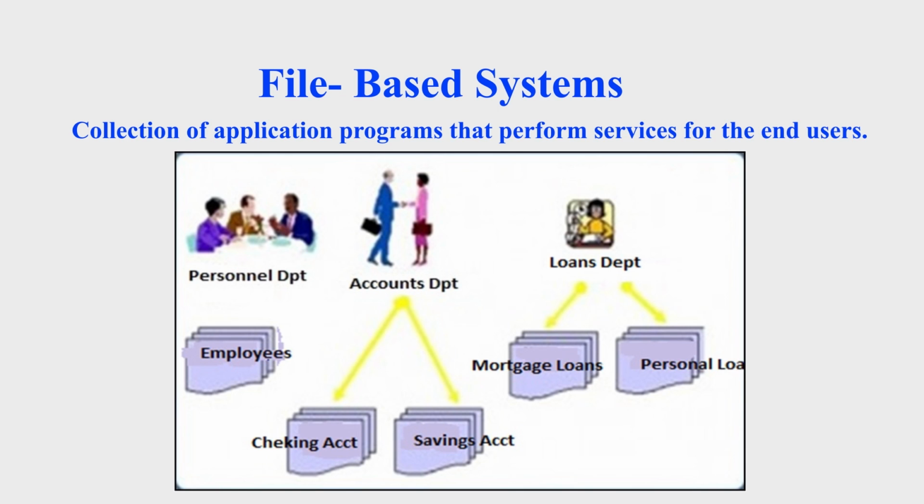But the issue is the information that is being stored by one department is also stored in another department without being related or shared within the same organization. That's how they were being used in different organizations. The file-based system would go hand in hand with a particular application program.